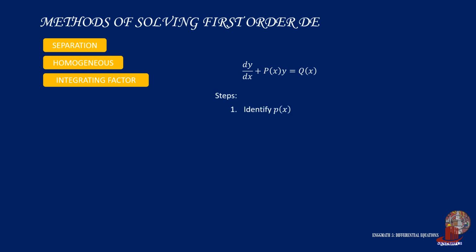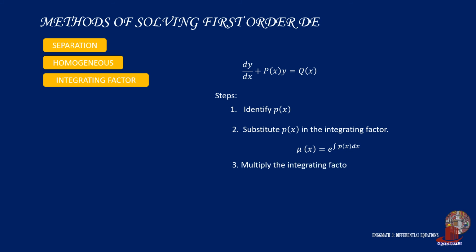And upon having a certain relationship for p of x, plug this into the integrating factor mu of x with the formula e raised to the integral of p of x times dx. This modified integrating factor is then multiplied in the function, where the left side will have the format derivative of mu of x times y with respect to x.